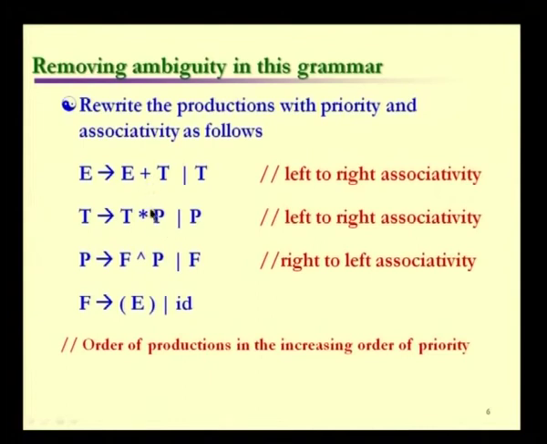So we compute multiplication first and then addition. And if exponentiation is also there, we do exponentiation first, then multiplication, and then addition. This is the order of evaluation of the various operations when you have different operations like this.